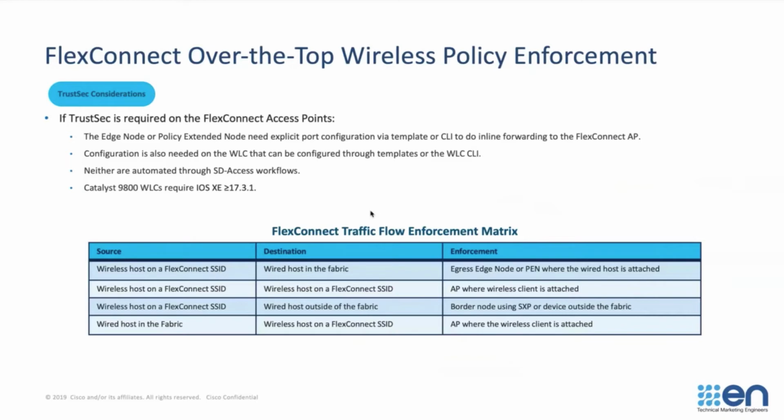And if you're running from wired to wireless, typically the border node would be leveraging SXP, and we would be pushing that SXP binding information, and you would be doing the policy enforcement. Again, this particular configuration is not automated. So you have to either use CLI templates to push this configuration, or you need to manually write it using the CLI on the boxes.